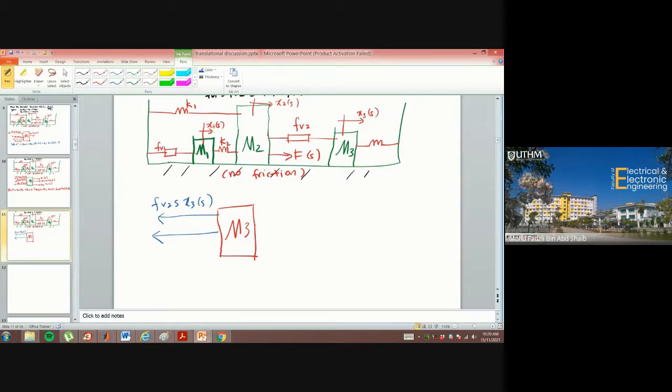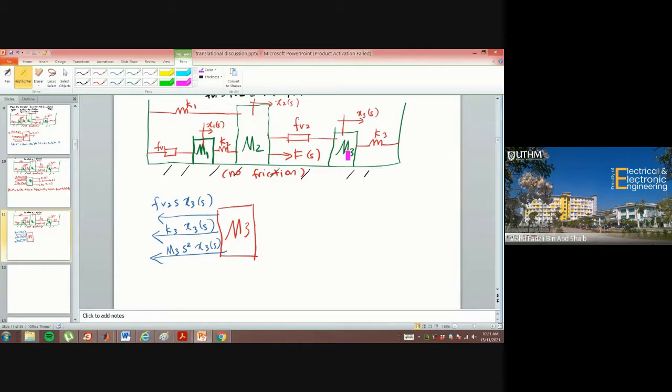Okay, clear. Okay, we have K3 S3(s), yeah? Right. And another is we have M3 s square S3(s), okay. See, we have FV2, we have M3, and we have K3.